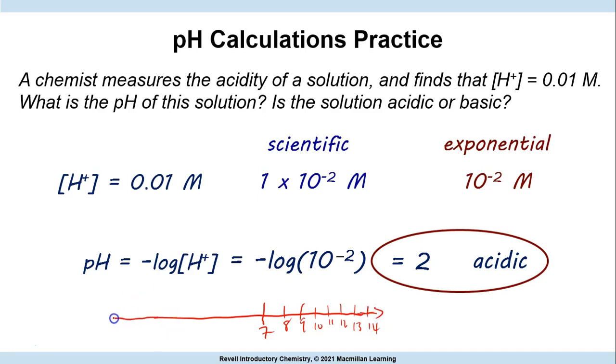And in this other direction, we have 6, 5, 4, 3, 2, and 1. So the pH scale runs from 1 to 14, and 7 is the neutral point. Anything to the left is acidic, and anything to the right is basic.